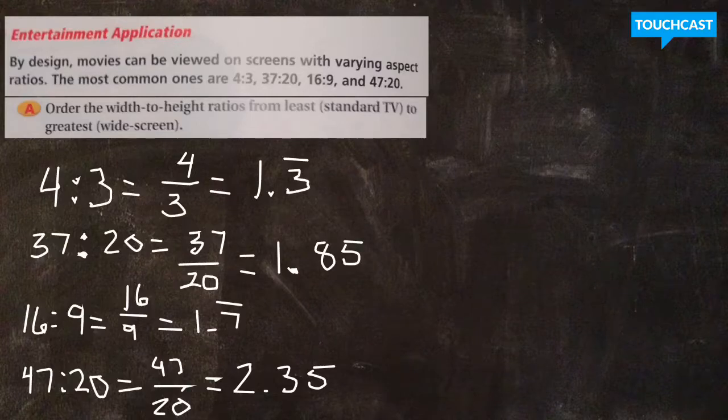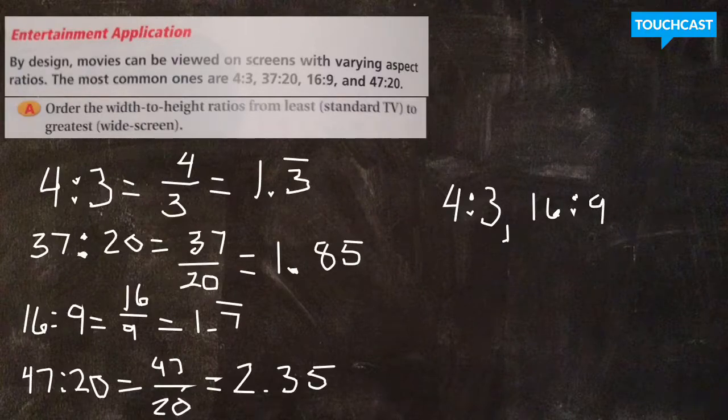The smallest decimal number is 1.3 repeating, which means the least ratio is 4:3. So we'll list that first, 4:3. The next smallest number is 1.7 repeating. So we'll write 16:9 as our next smallest.